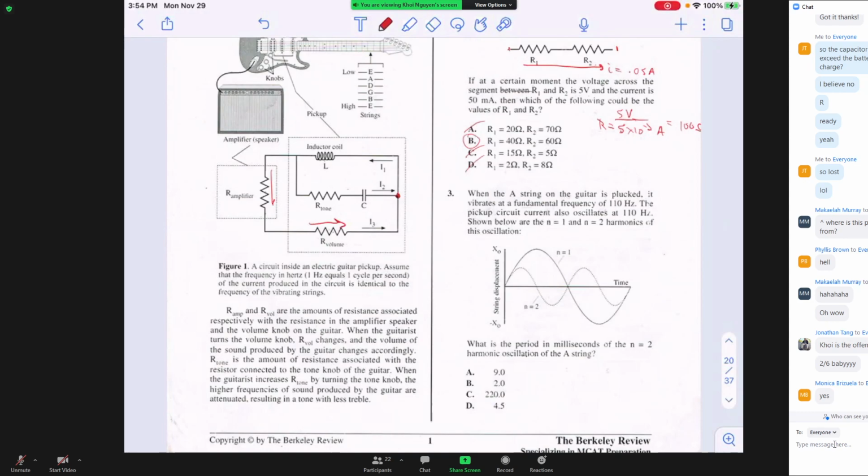So we know that N1 has a fundamental of 110 hertz. That means N2 is going to be twice that, right? It's going to be 220 hertz in your system.